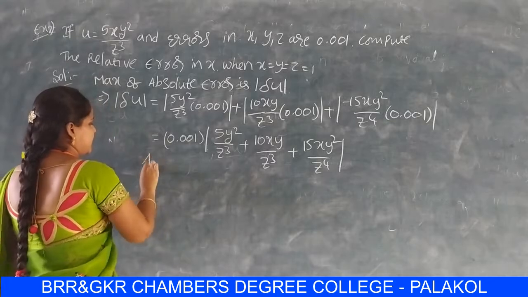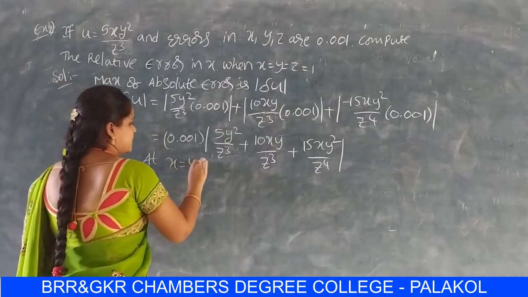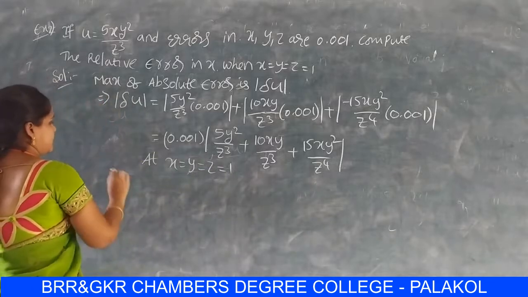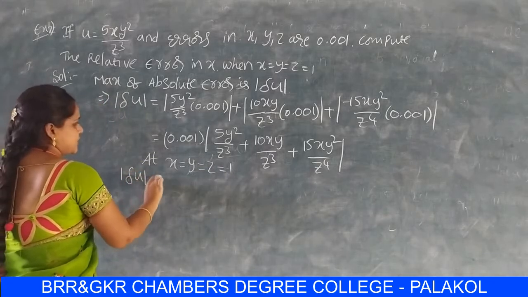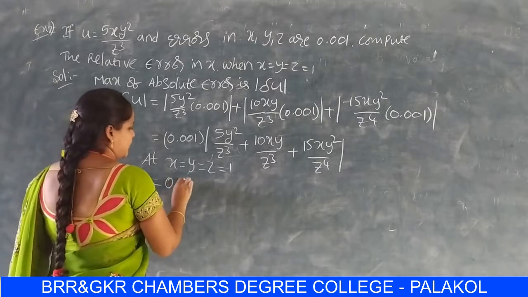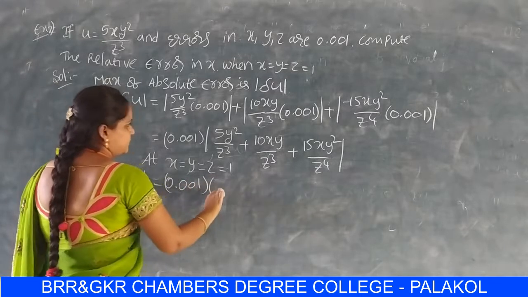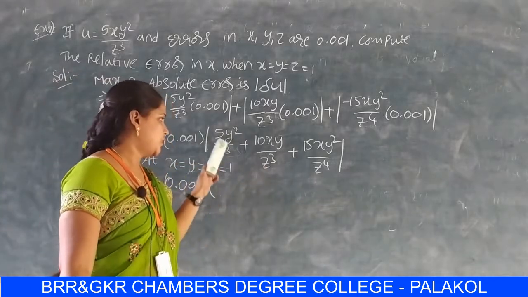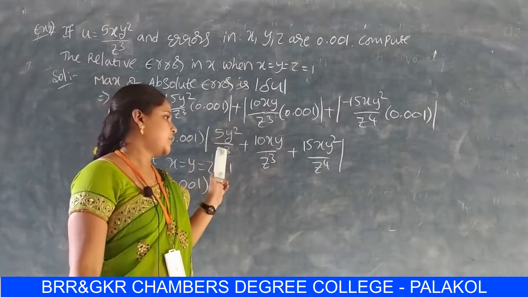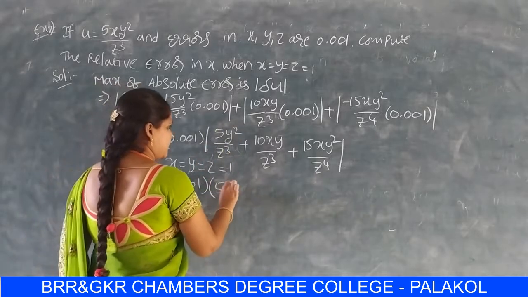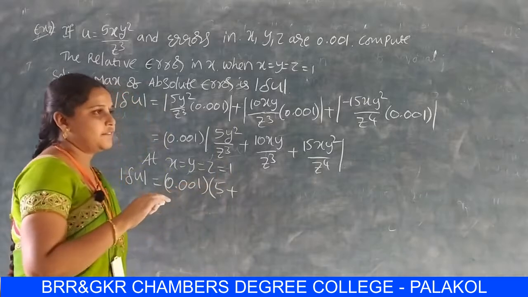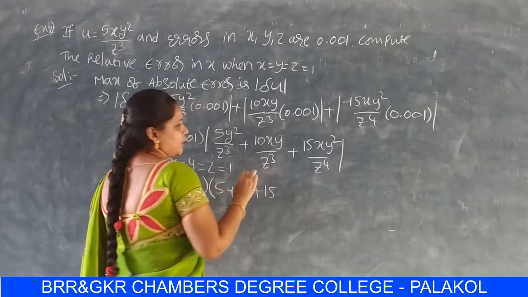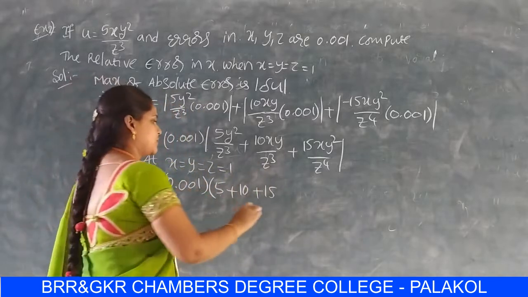Substitute x equal to y equal to z equal to 1 in the above equation 1. The modulus of delta u is equal to 0.001 into 5 into 1 square by 1 cube, which is nothing but 5, plus 10 into 1 divided by 1 cube, which is nothing but 10, plus 15 into 1 square by 1 to the power of 4, which is nothing but 15.